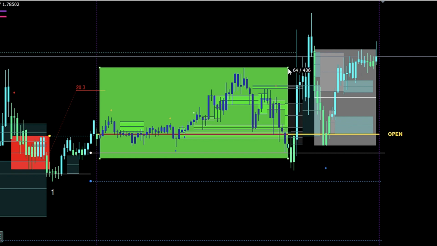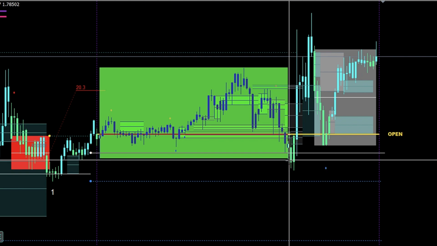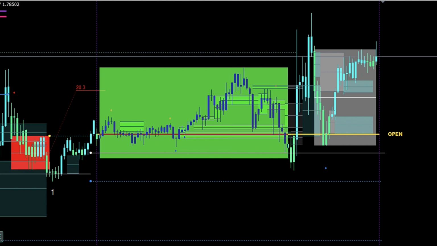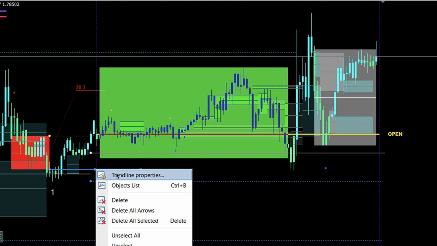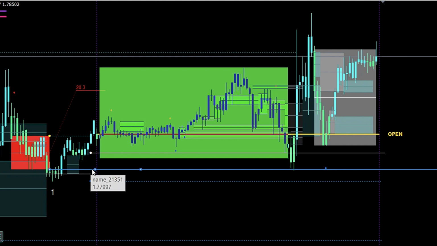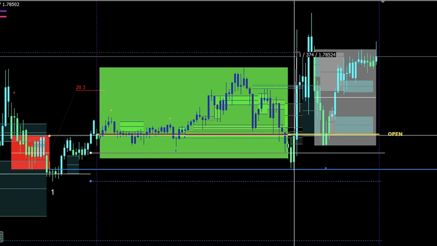So it went below here, closed below, and this is the bottom of the box, as you see it here. Bottom of the box that is below. Okay, so it couldn't break, closed twice, then reversed. So this would have been our entry, below the low, and this is the liquidity above. So this is like 37 pips.